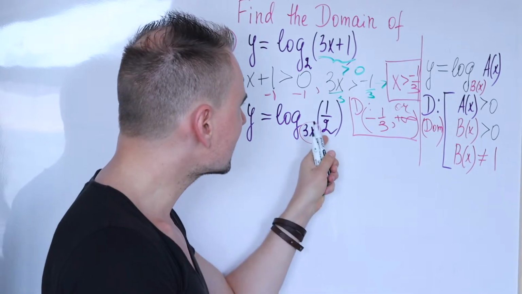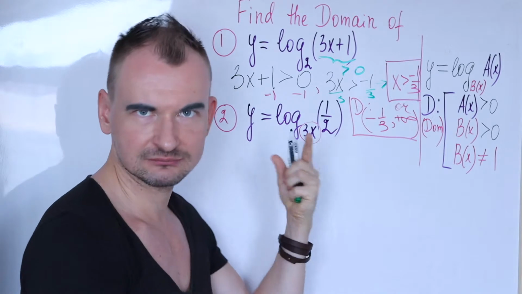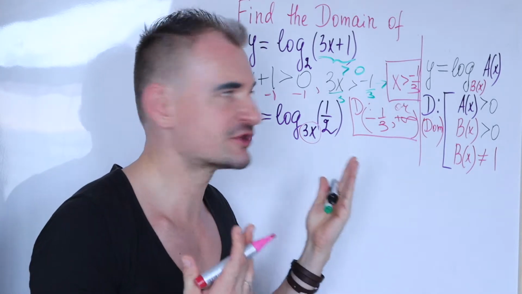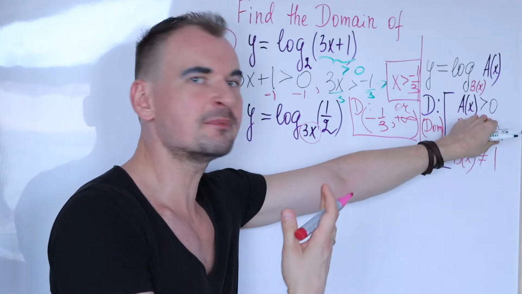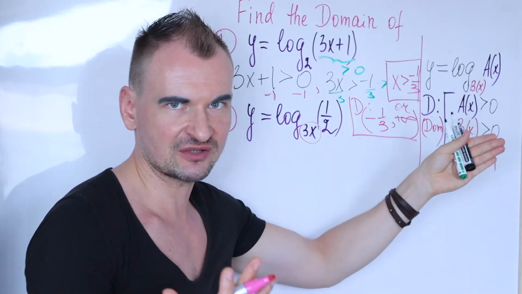And since the argument inside of your log is just a number, namely a half, a positive number greater than 0, the first restriction has to be simply ignored at this point. So we don't need to set it greater than 0.